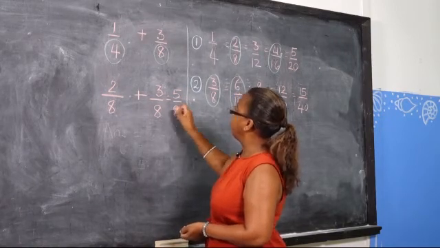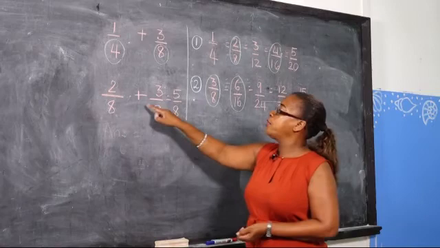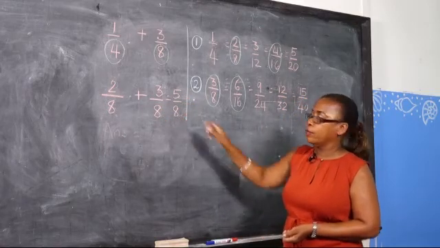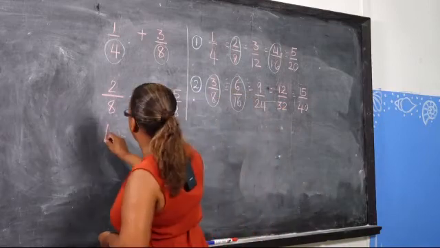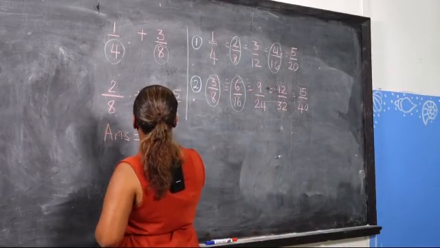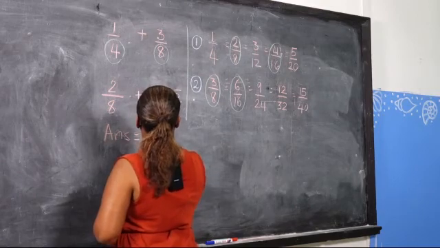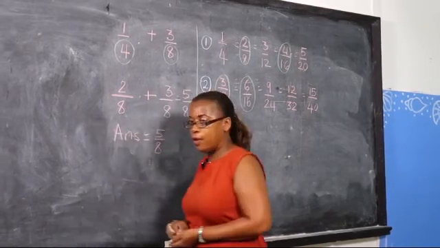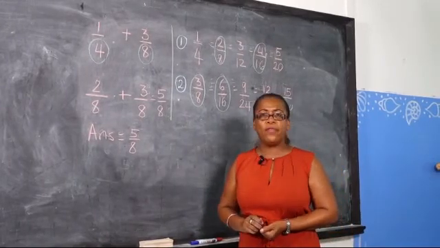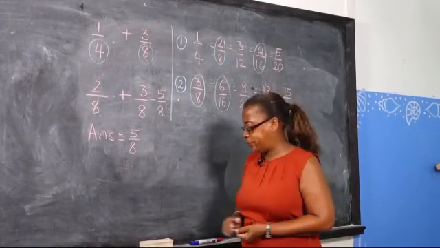So 2/8 plus 3/8 equals 5/8. So the answer equals 5/8. Okay? Let us attend to a last example, and then you will work on your own.